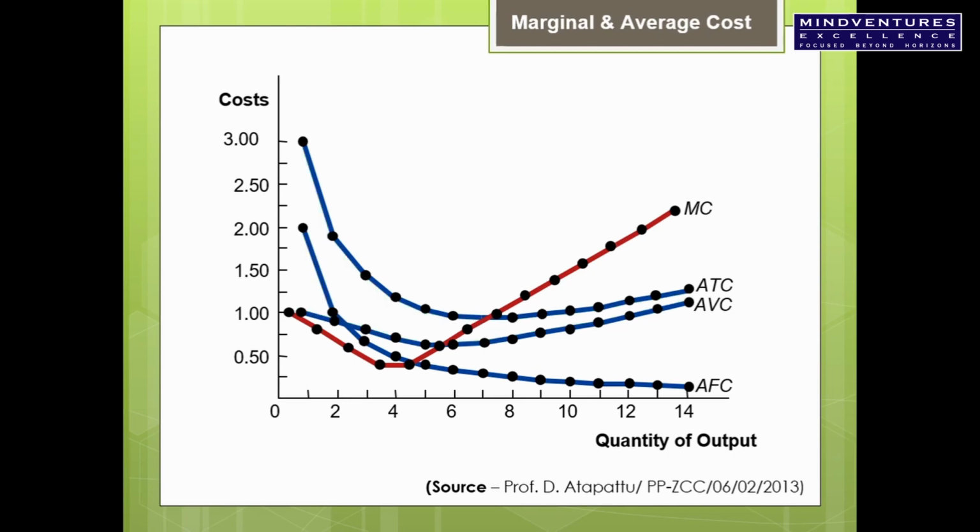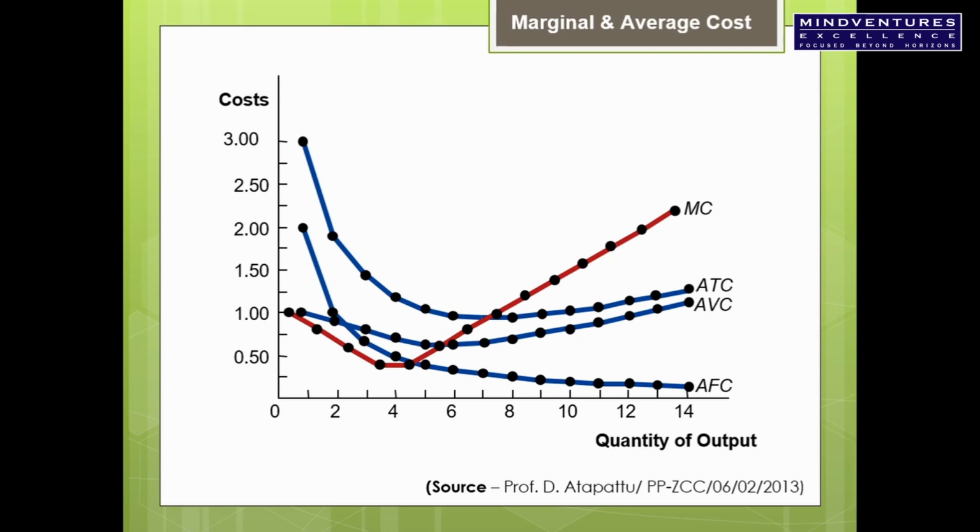Also, you need to remember that the AFC curve, average fixed cost curve, is downward sloping and it takes the shape of a rectangular hyperbola. So MC, ATC, AVC curves are U-shaped. The AFC curve is a rectangular hyperbola.